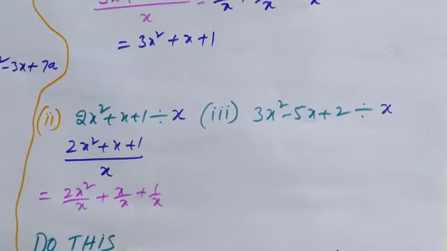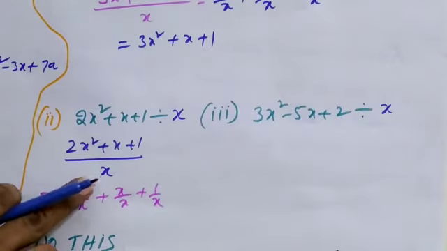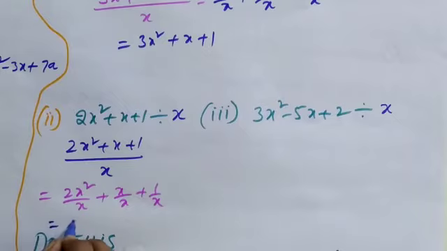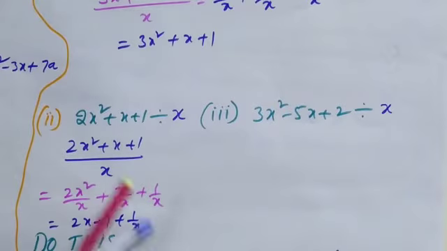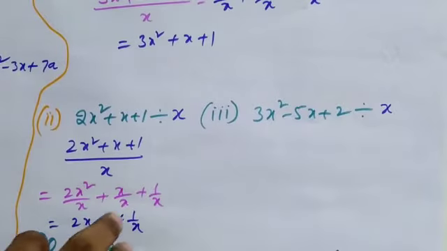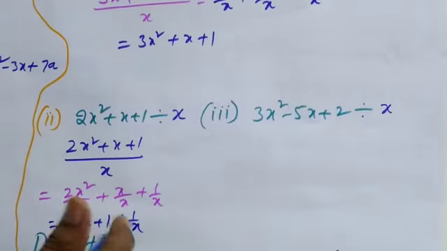Now x square divided by x means x, therefore 2x plus 1 plus 1 by x. This is not a polynomial. Why? Because here the denominator is a variable. The denominator variable converted into the numerator gives x inverse, that is, x power minus 1. A polynomial must have non-negative integer powers of the variable. Here the power is negative.